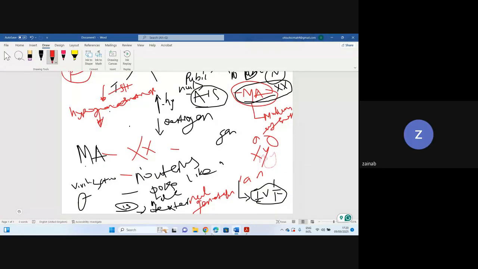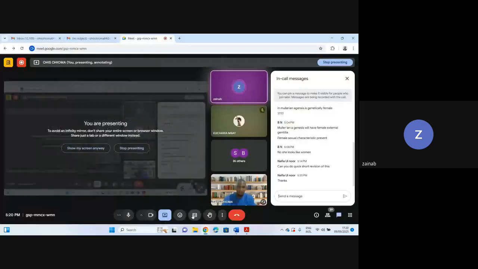Can I reiterate that if there is initially no uterus, but there is breast, then I'll check for pubic hair. If the pubic hair is present, then it will be androgen insensitivity syndrome. Yes, that's right. But if there is no pubic hair, then there will be Mullerian agenesis.